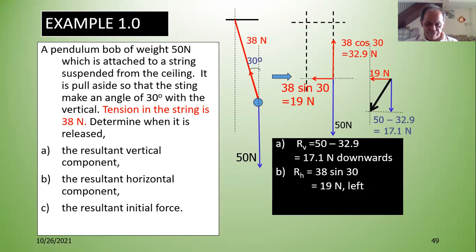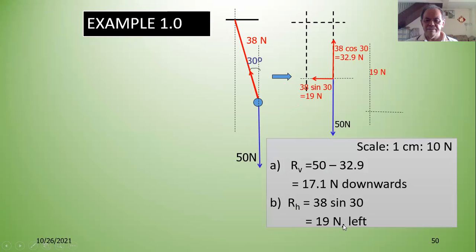Resultant initial force: when you release it, that's called the initial resultant force. So these two, this one and this one, using Pythagoras theorem to find this resultant. Okay, that's what we found.